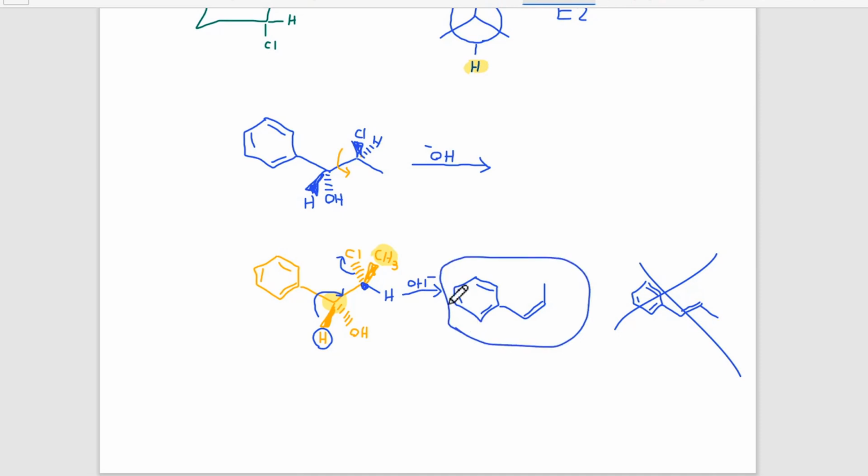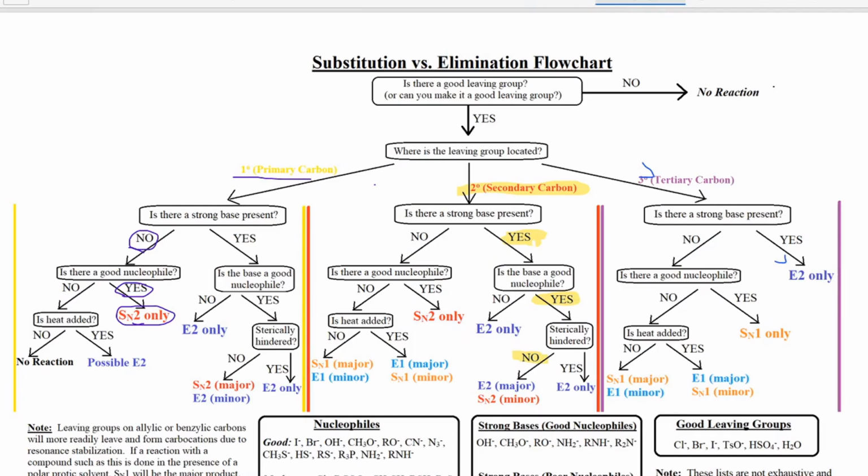What I would recommend is don't simply memorize the flow chart, because the flow chart will be helpful, but I want you to ask yourself the questions and answer the question, why is that the case? So let me give you an example.